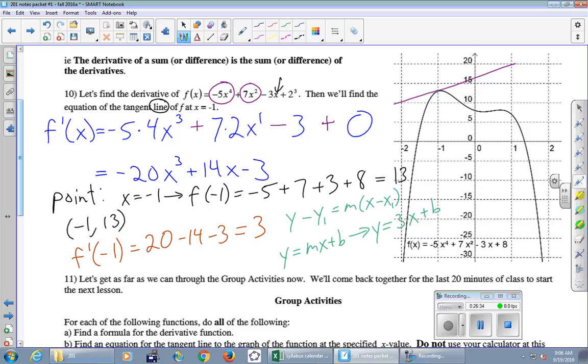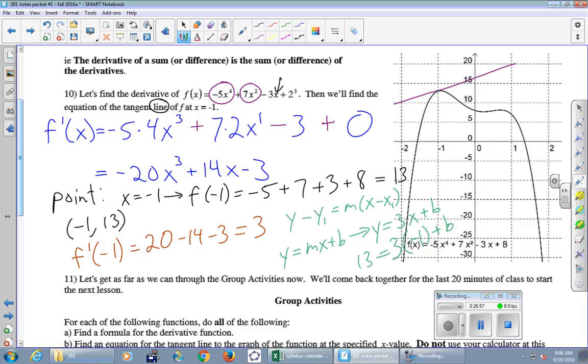And then we need to find that y-intercept by doing what? Not 0. -1, 13, that's the point that we know, right? So 13 equals 3 times -1 plus some b. Is that green too light? Can you guys see this in the back? It's not great.